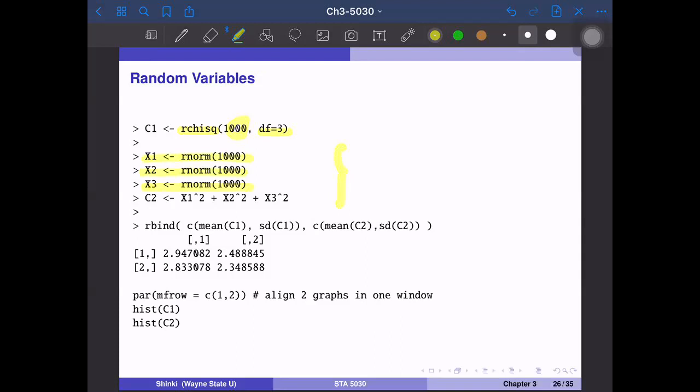We don't connect anything, so these are independent standard normal random numbers. Then we define C2 as the sum of the squares of these. Actually, x1, x2, x3 are 1000-dimensional vectors, so for each component we take the square, then the summation. So C2 is also a 1000-dimensional vector.